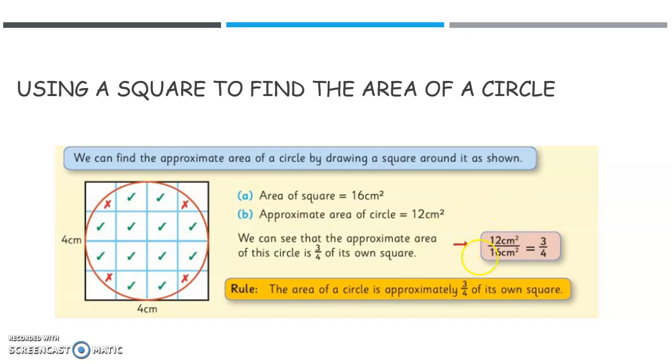If I were to write 12 centimetres over 16 centimetres as a fraction, I could simplify that to 3/4. So that shows that if we draw a square around the circle, the area of the circle will be approximately 3/4 of the area of the square. And that's the method we're going to be using in the next few examples.